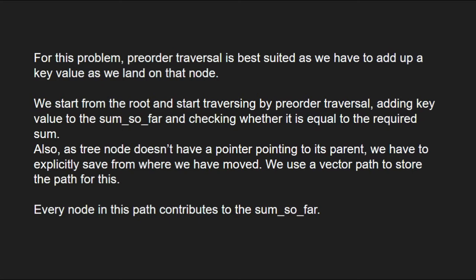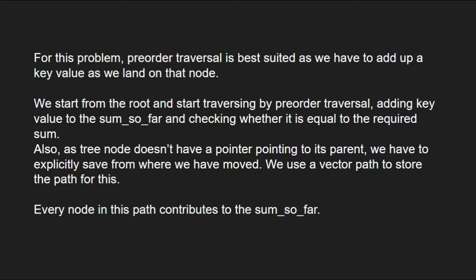Also, as a tree node doesn't have a pointer pointing to its parent, we have to explicitly save from where we have moved. We use a vector path to store the path for this. Every node in this path contributes to the sum so far variable.